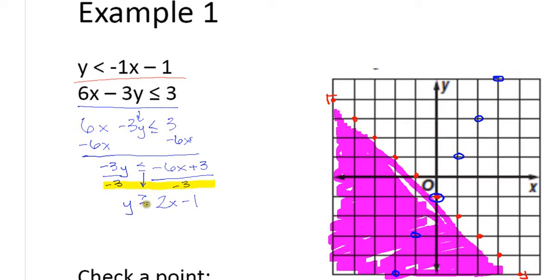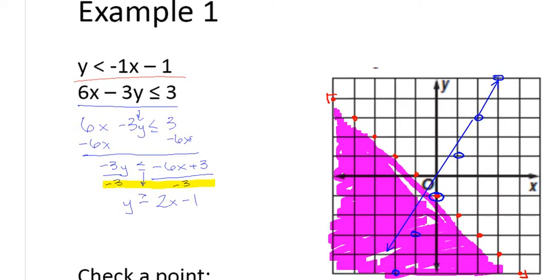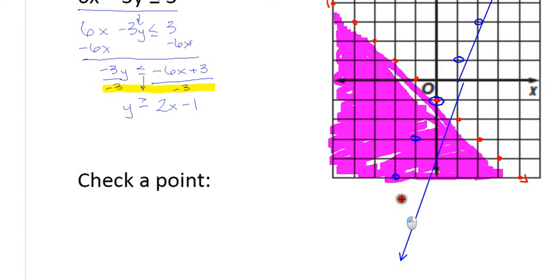Since there's an equal to component to the inequality, it's going to be a solid line. So I'm going to draw a line in between. So here's a solid line.